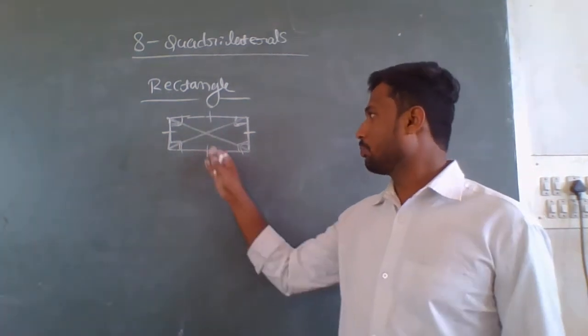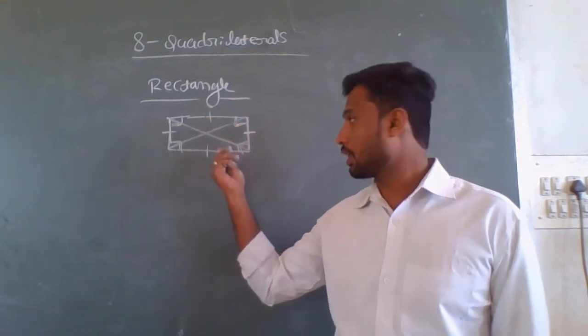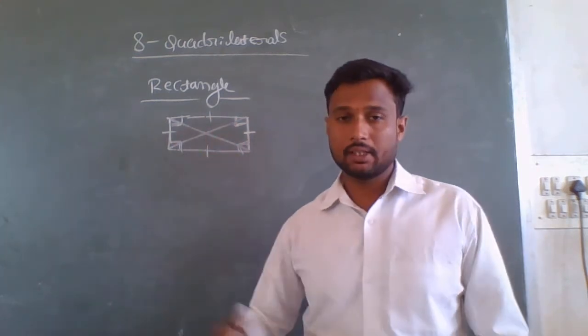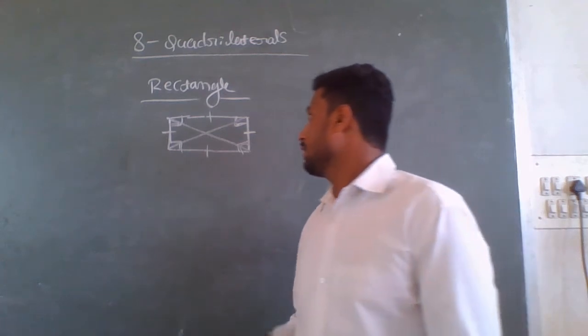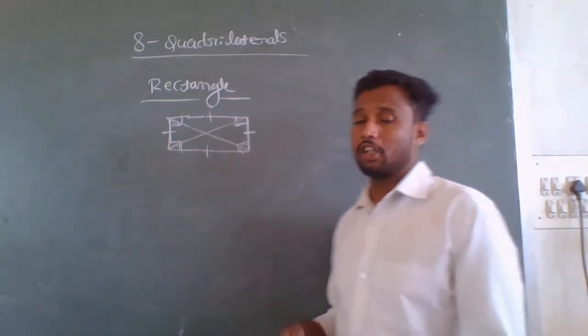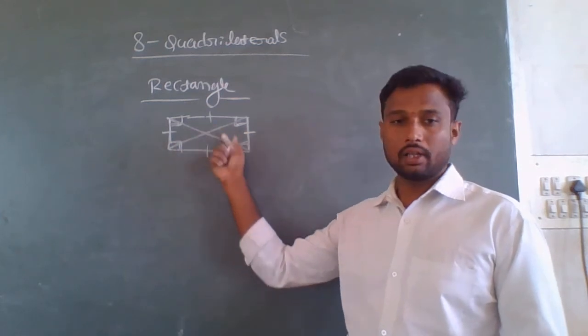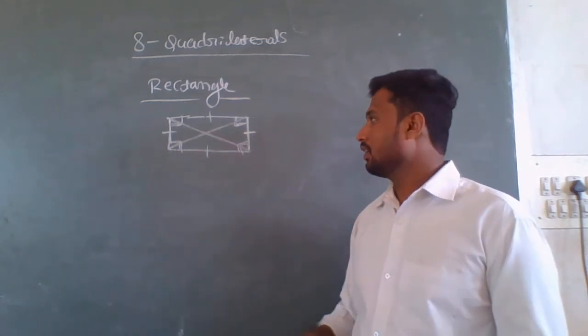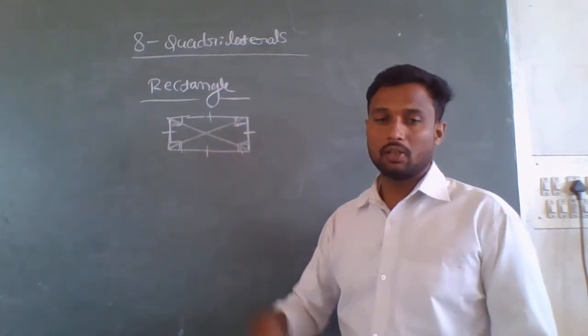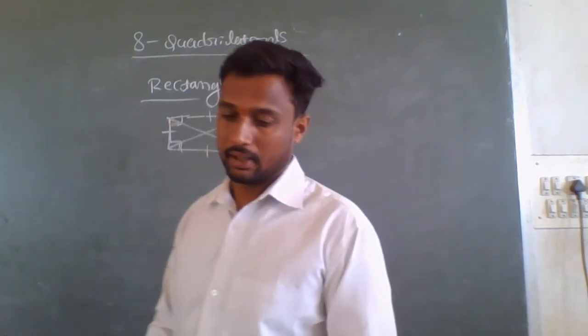What are those? Opposite sides are equal, opposite sides are parallel, and diagonals bisect each other. In addition to this, the most important thing in a rectangle is that all the angles are right angles and diagonals are also equal to each other. This is a rectangle.